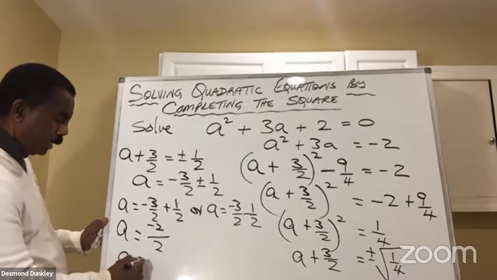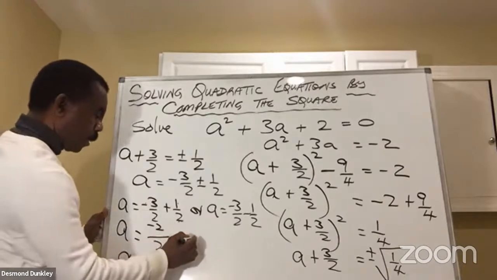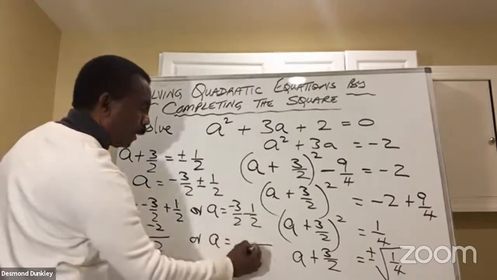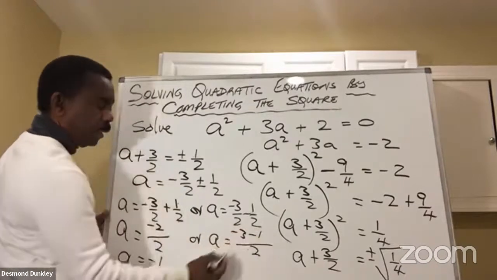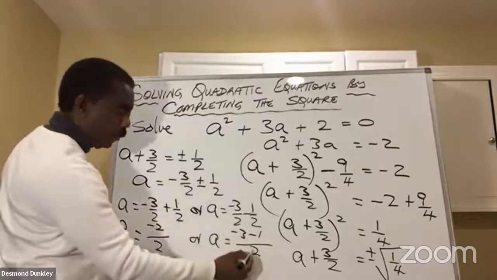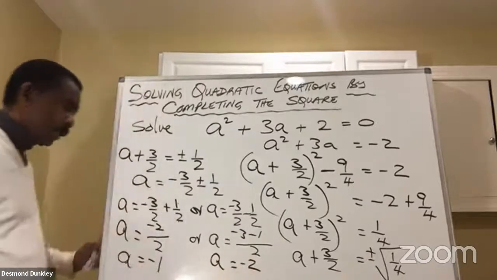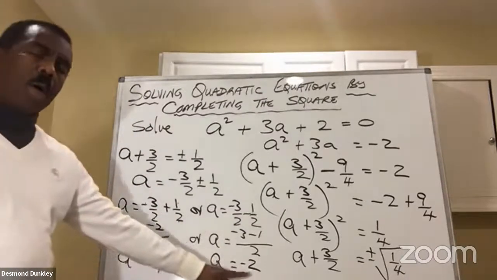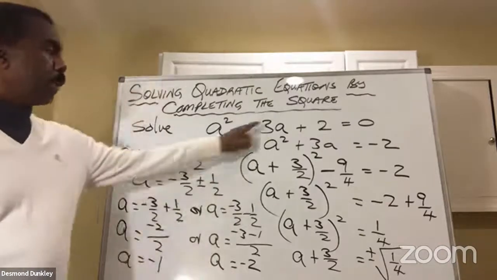So a is equal to -1 from this. Or a is equal to, common denominator is 2, it's -3 minus 1. What is -3 minus 1? -4. 2 into -4 is -2. So the answers are -1 or -2. Those two answers would work perfectly.